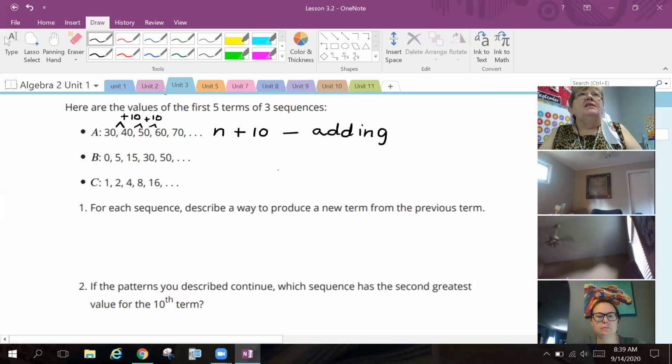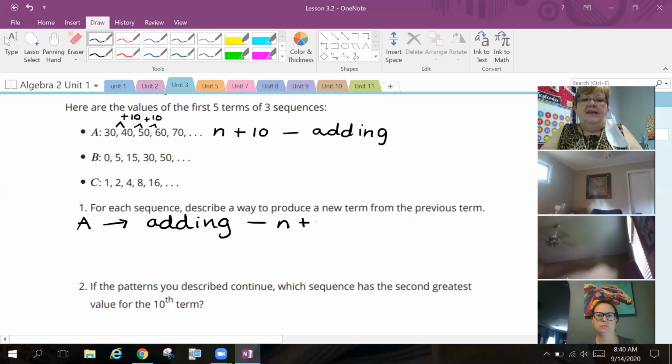So when we think about sequences, as far as geometric or arithmetic, this one would fall under what? Yes. So sequence A, it's n plus 10, and because it's the same number each time, it's the arithmetic sequence, okay?